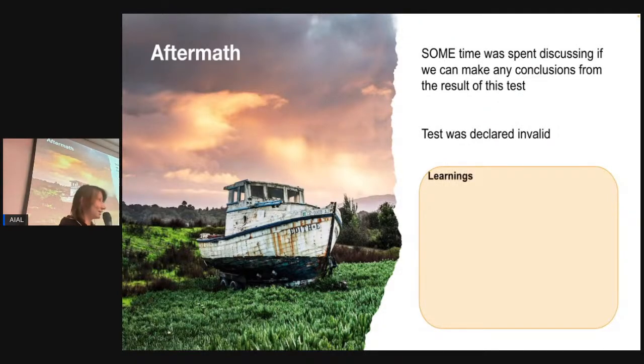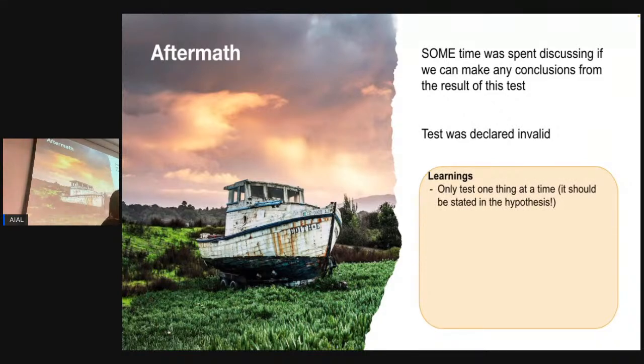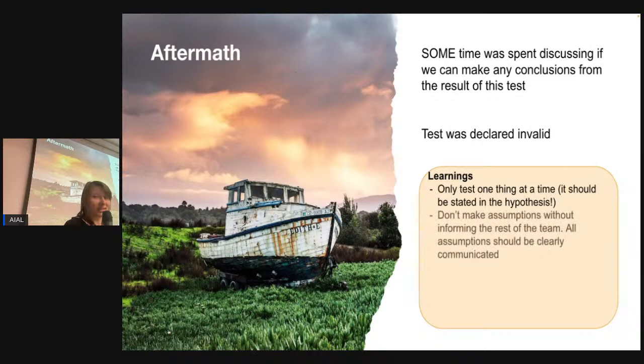So yeah, let's go through learnings. So first thing is the obvious one. Only test one thing at a time, and that thing should be stated in your hypothesis. You should not add any changes that are not stated in your hypothesis.